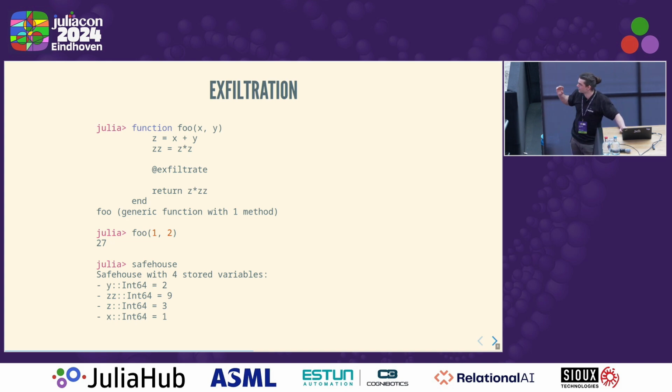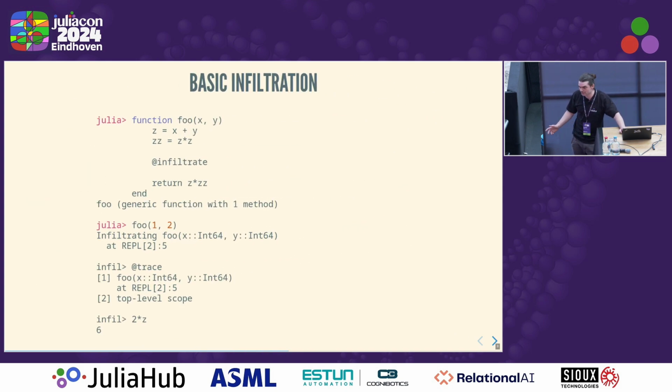I think exfiltration has its place, but its power pales in comparison to infiltration, for which I've got the exact same example, except that now instead of assigning the local bindings into a module, we get dropped into this infil REPL. In there, we have a bunch of primitives defined, like @trace, which just prints the current stack trace, and a few others.